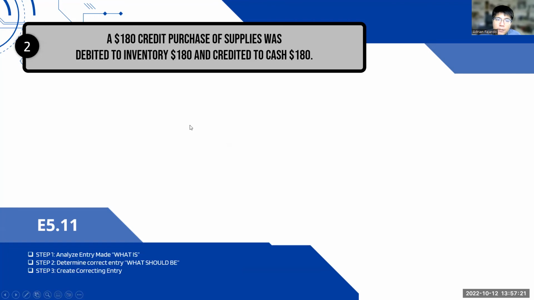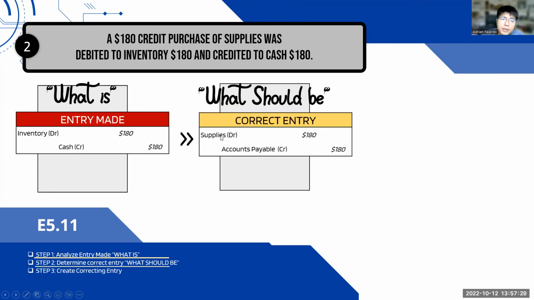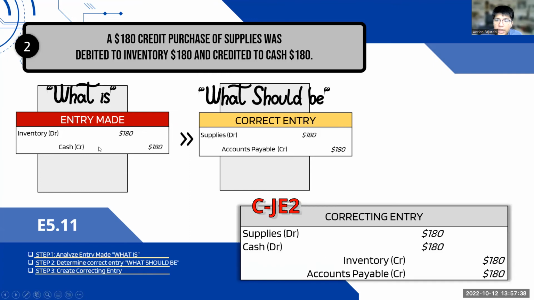For the second error, basically, they debited inventory credit cash of 180, when in fact, it should be a debit supplies credit accounts payable of 180. So here, it's just very simple. We reverse the wrong entry.